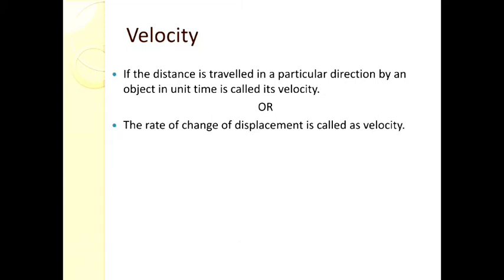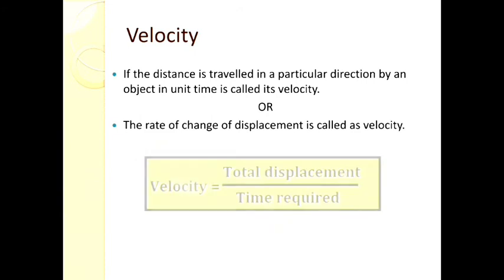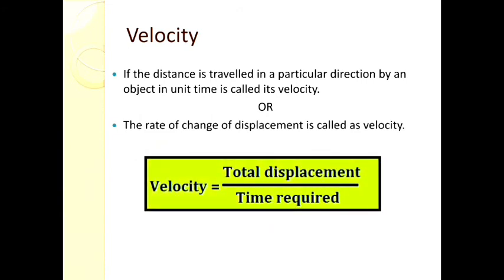If the distance is traveled in a particular direction by an object in unit time, that distance is also called velocity. Velocity is calculated with the help of total displacement upon time required. Note down the formula because we need this formula to solve the numericals.